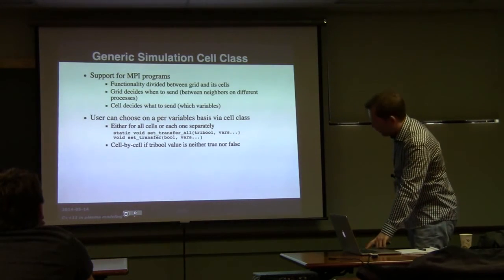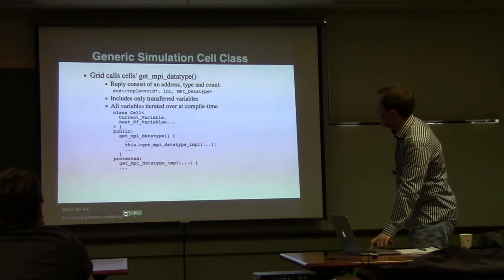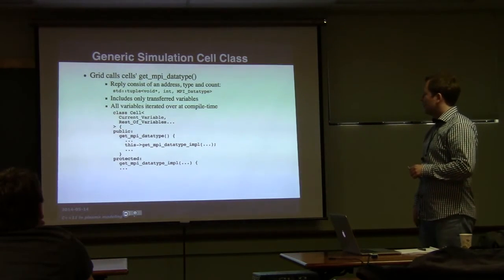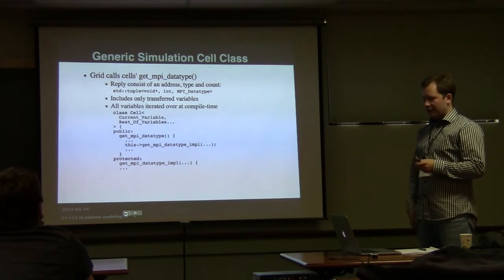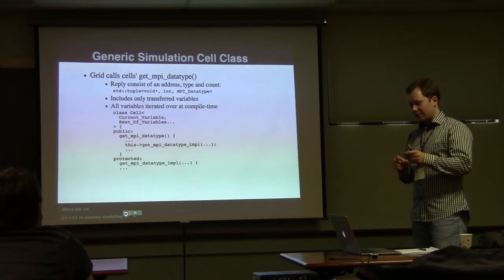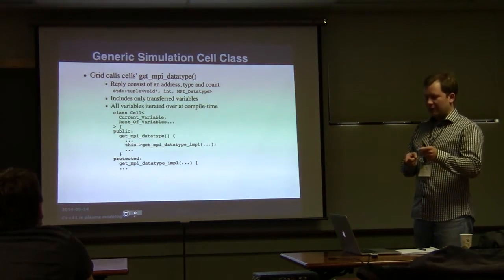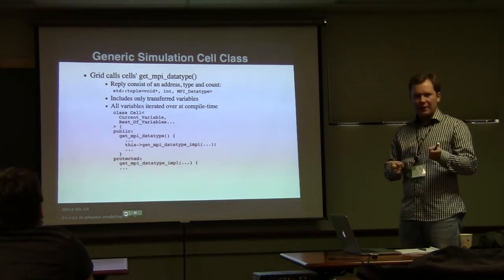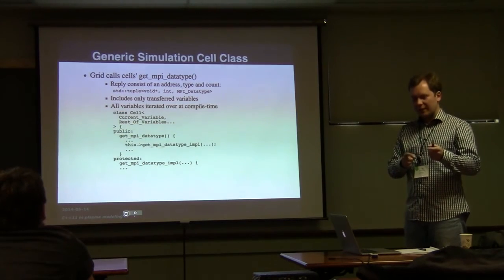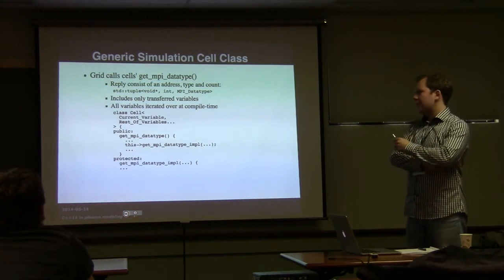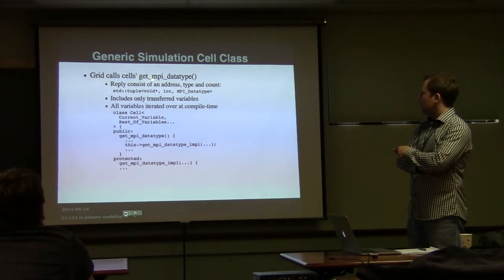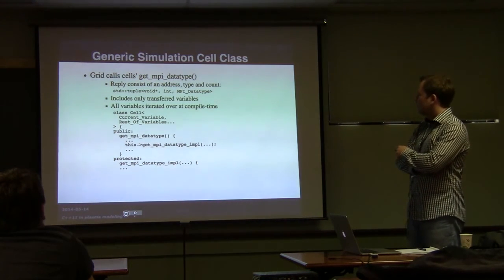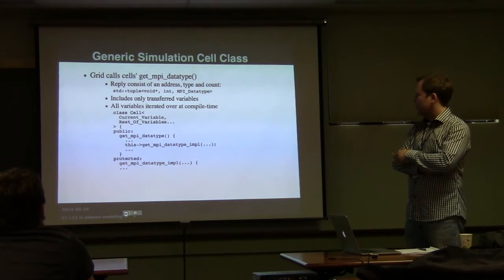This has been enough for anything that I have been doing so far or plan to do in the near future. What the grid does is, if it decides that these two cells are neighbors and they reside on different processes, so the data should be exchanged, or actually if it's asymmetric, then just some data should be transferred, it calls the get MPI data type function of each cell which has to be sent or received.